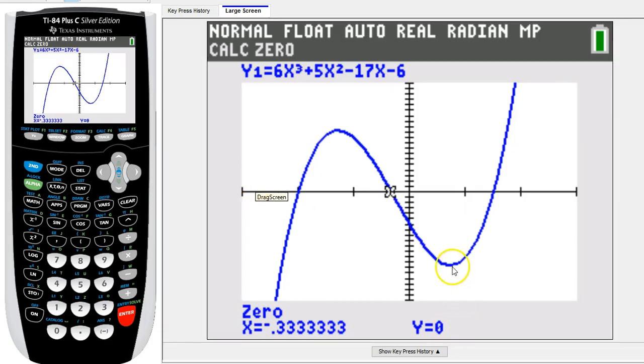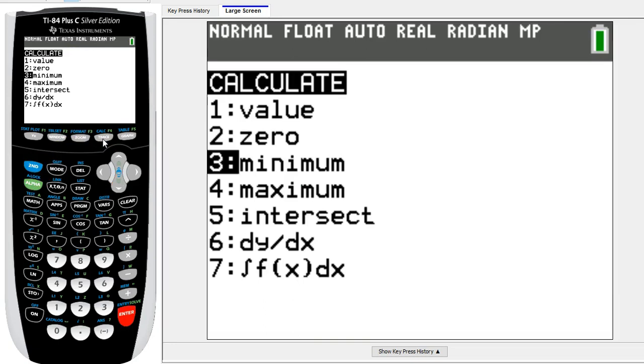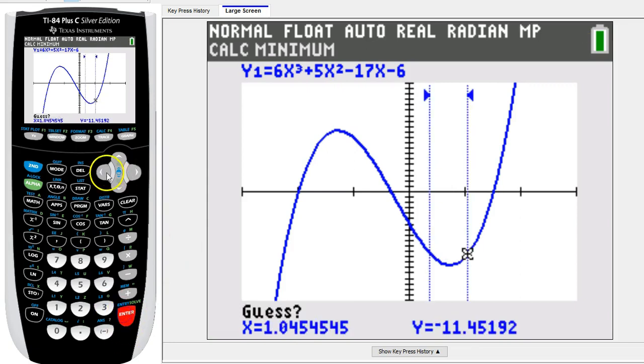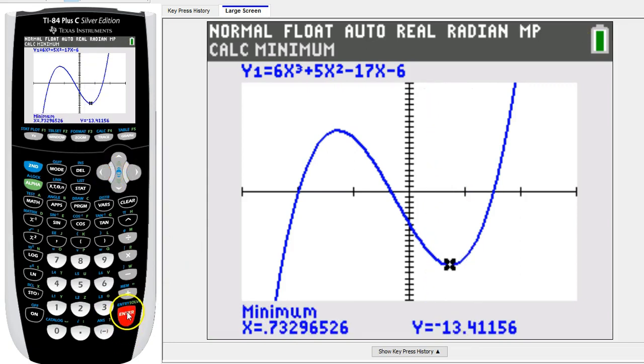All right, now I'm going to find that minimum point right there. Okay, so it found my coordinates at 0.73 and negative 13.41.